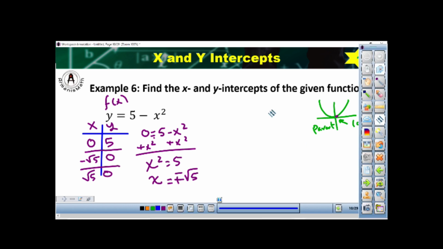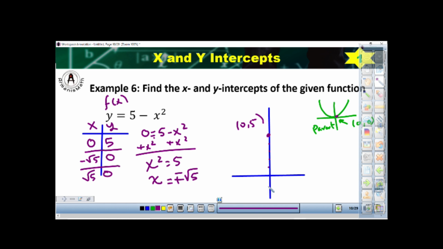All right, so let me graph this, and I could graph it perhaps by giving myself more room on that side. 0, 5. So 0 is 1, 2, 3, 4, 5. Here is my y-intercept, 0, 5.